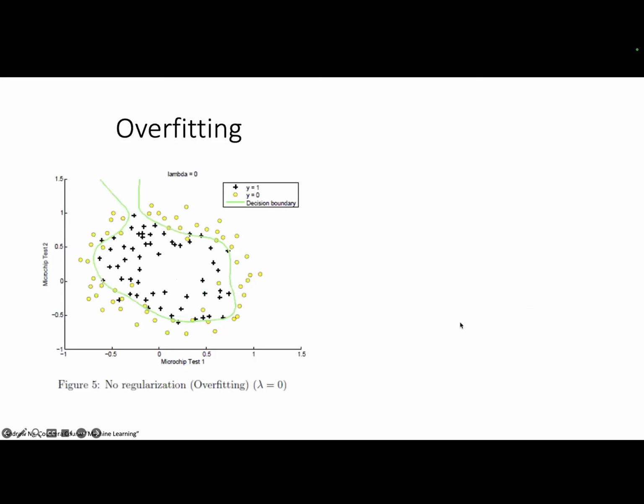And if we do that, this is what comes out. Now, this is the decision boundary that comes out. If we use this decision boundary, this model will only work for all of these data points.